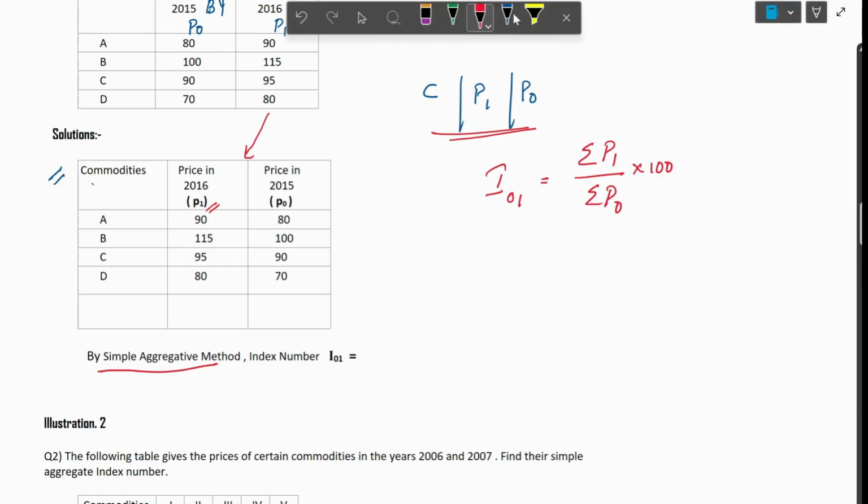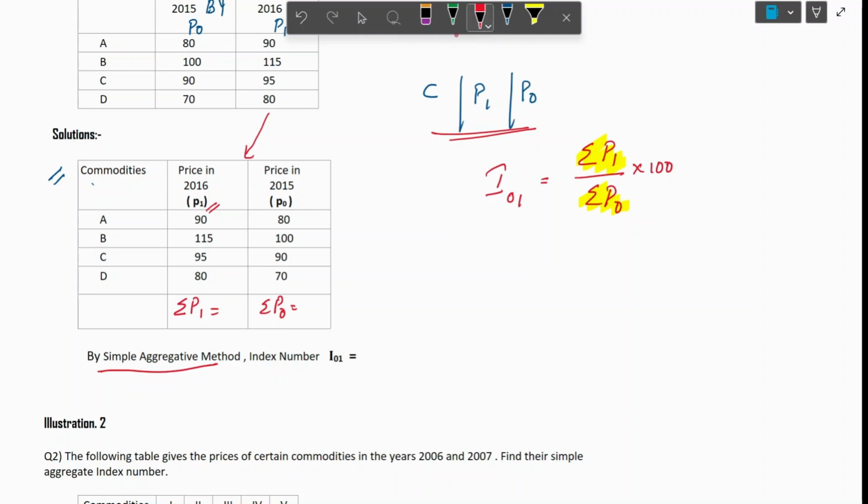Now see here, in this formula, you record sigma P1 and in the denominator sigma P0. Here we have already written the P1 column and P0 column. If you add these columns, that is sigma P1, and here sigma P0, your table is going to be complete. For that, first take a calculator and add the column P1.